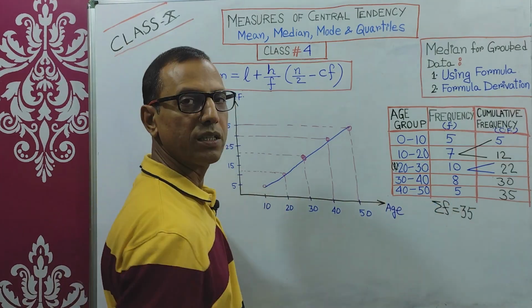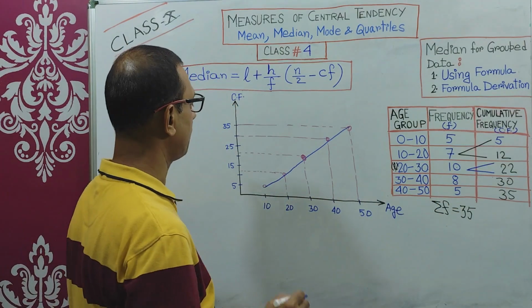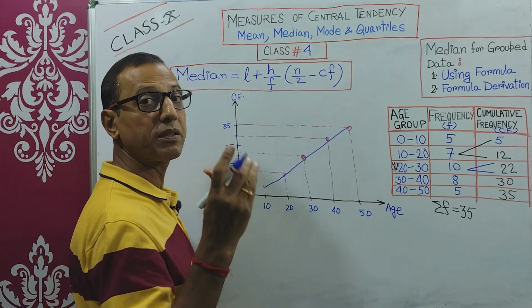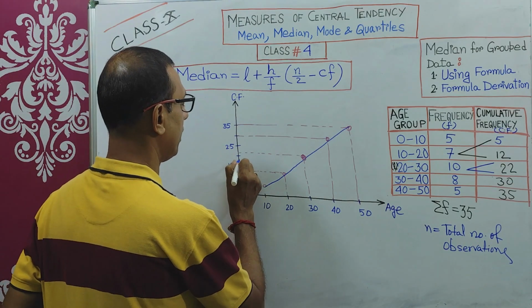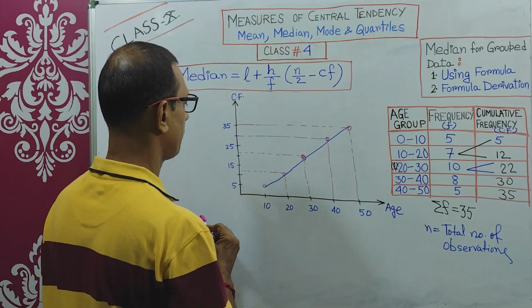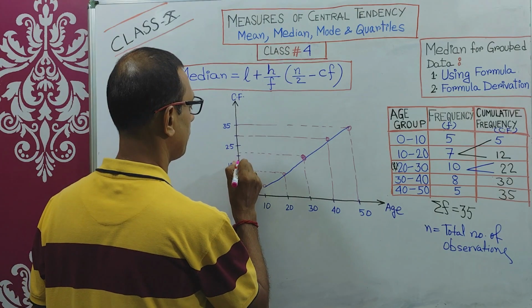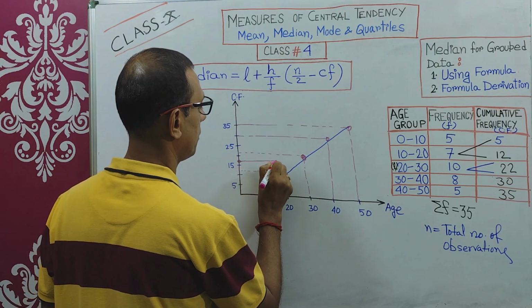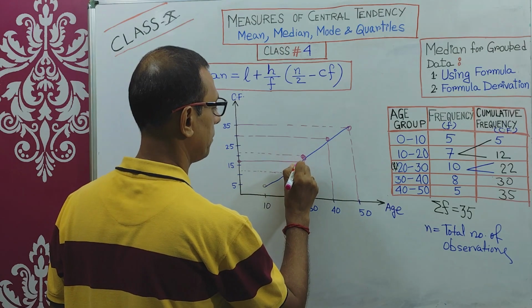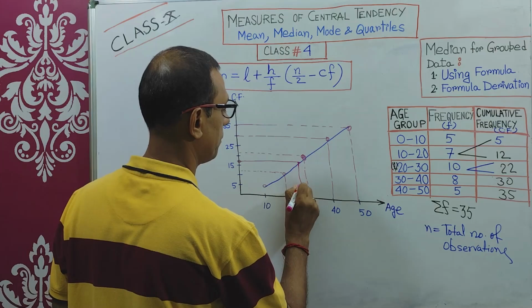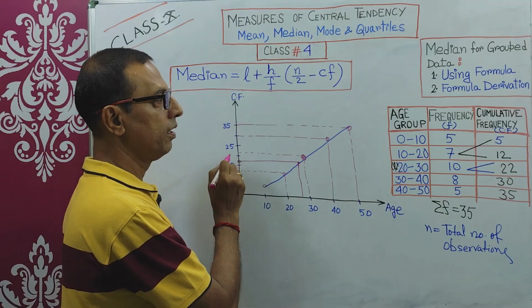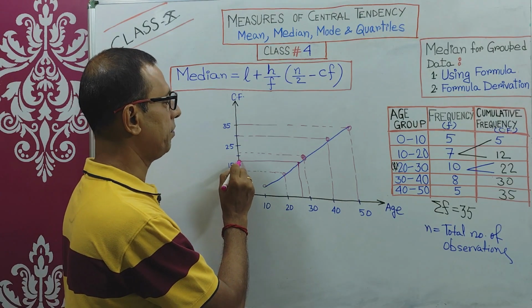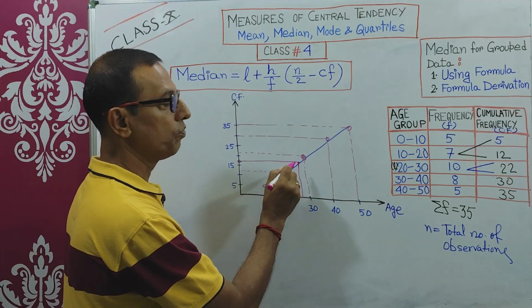Since the total number of observations is 35, the median is the 50% value, N by 2, that is 17.5. So 17.5 comes here at this point, and what is our objective?